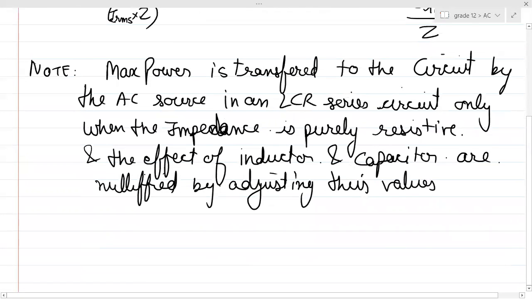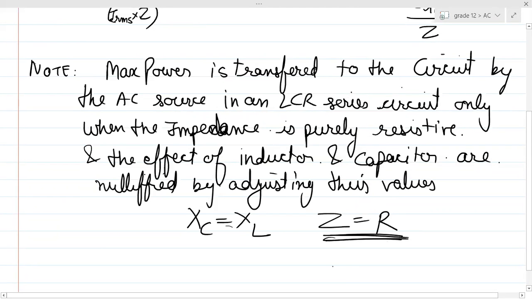So basically, there can be one particular condition where XC and XL are acting in opposite directions, the phasors, yes or no? If I can get such a value of frequency so that XC and XL become equal, then you can write Z is equal to under root of R square plus XC minus XL whole square, right? So can you see from there, Z will be equal to R?